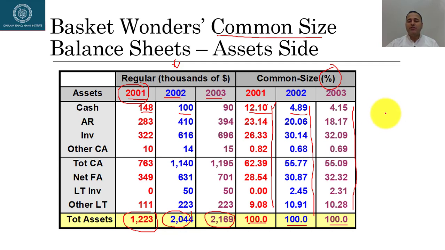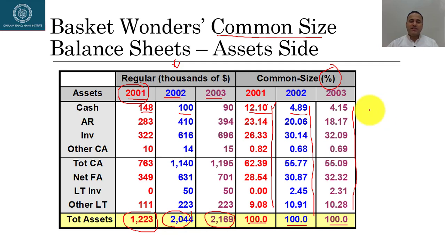Sitting on a heap of cash doesn't give you any profitability, so the best thing would be to invest it and get some return on it. On the other hand, if you are keeping too little cash, it's not good for the liquidity of your company. So as a finance manager, you have to make those decisions and find a good balance.